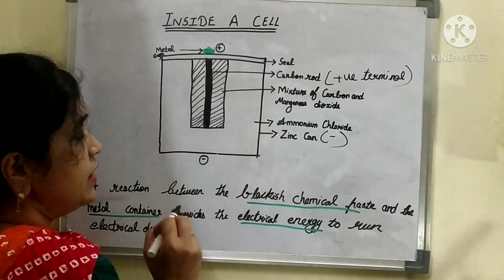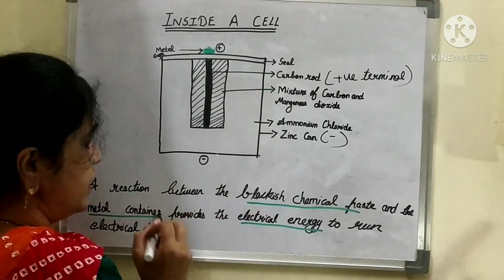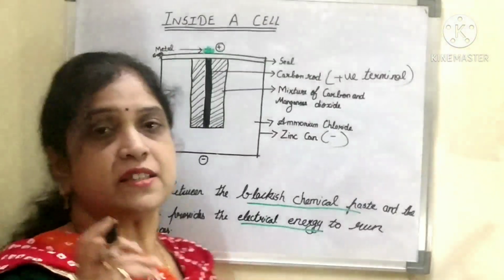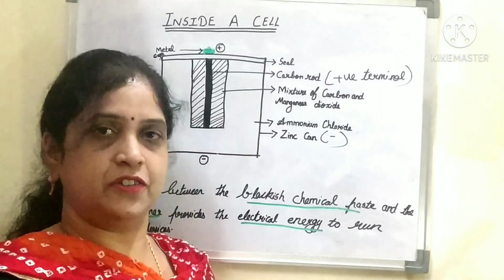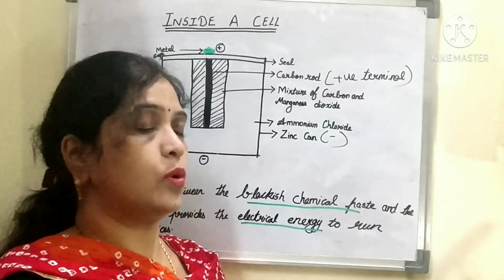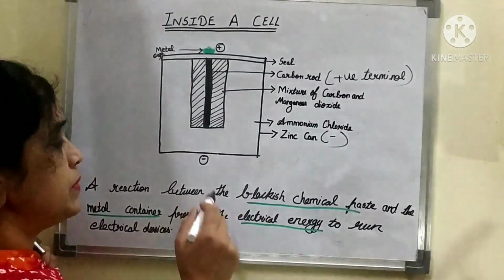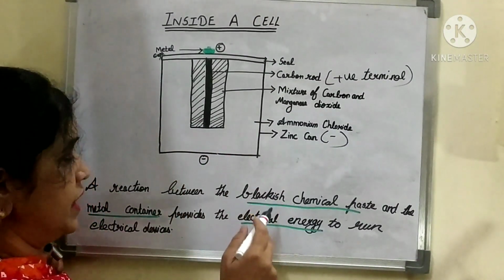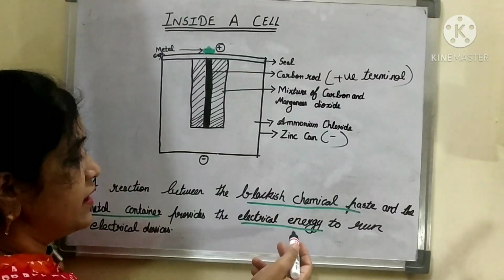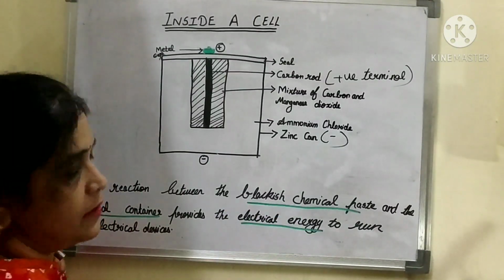What does a cell do? Since a chemical reaction is taking place, a cell converts chemical energy to electrical energy, and it provides electrical energy to run electrical devices.